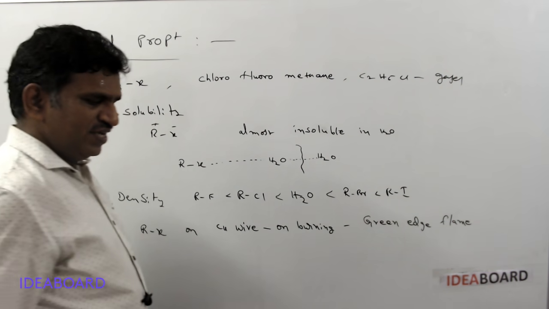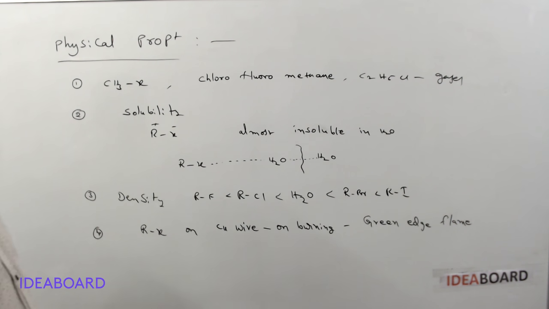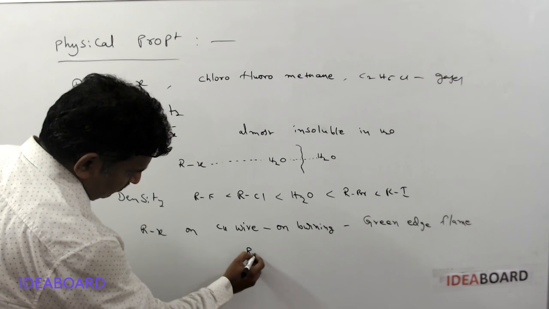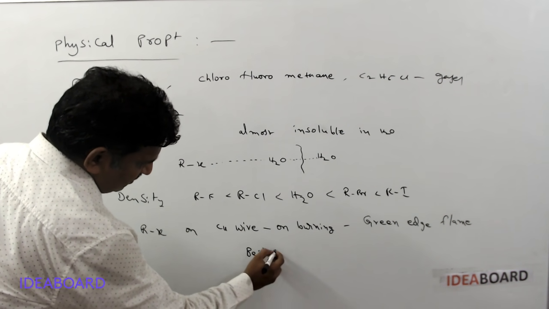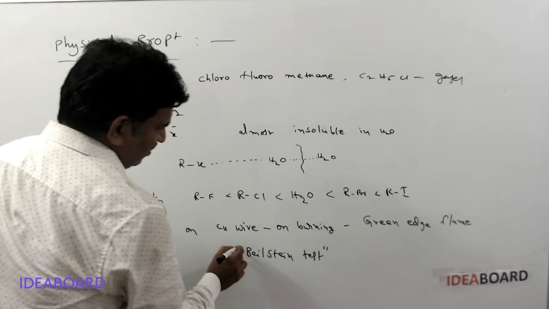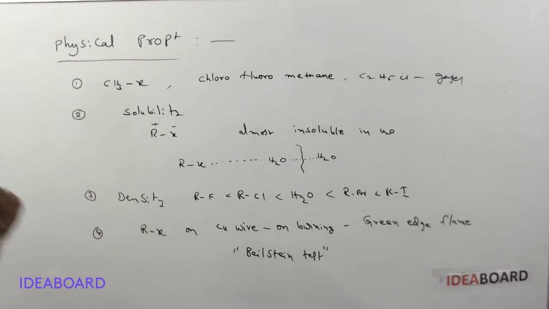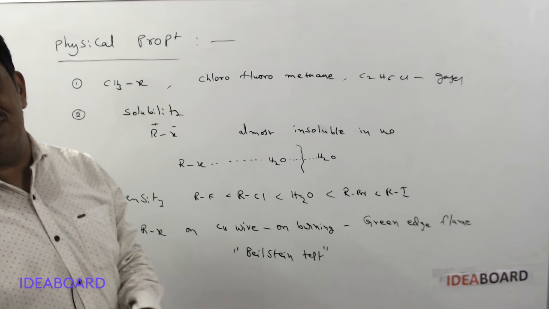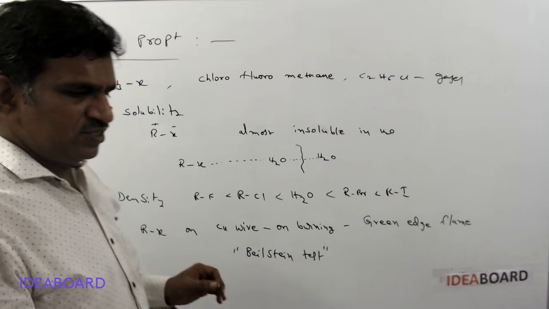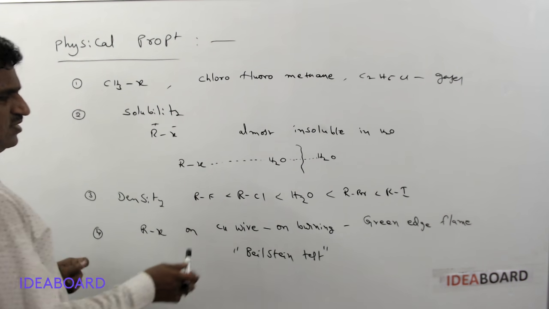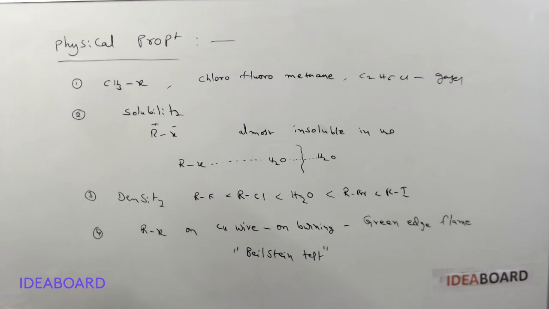It is also a detection test or identification test of halogens. This is also called the Beilstein test, for alkyl halide detection. Which halide is present we can't tell, but it must contain a halogen.